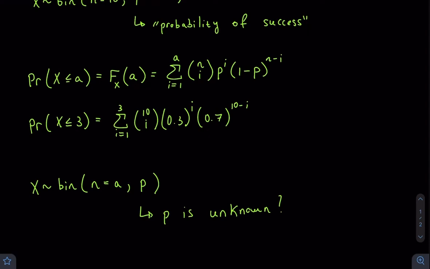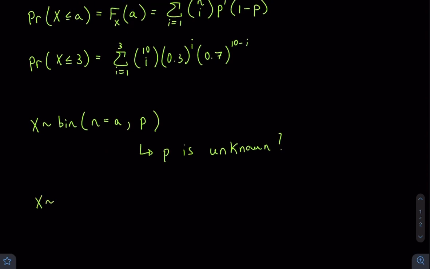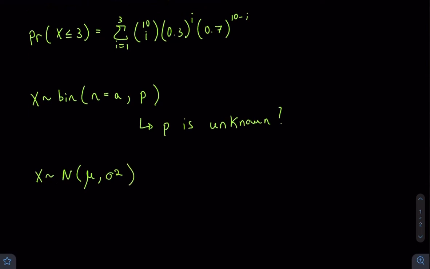And this is not just a problem for a binomial distribution. There are other distributions where parameters may be unknown. What if x were normally distributed, and we know the parameters of a normal distribution are the mean and the variance, and it could be the case that both mu and the variance are unknown.